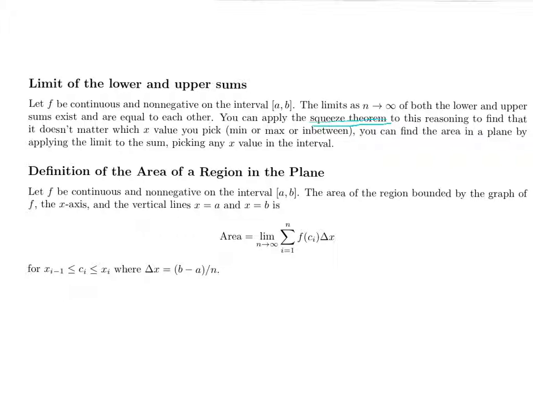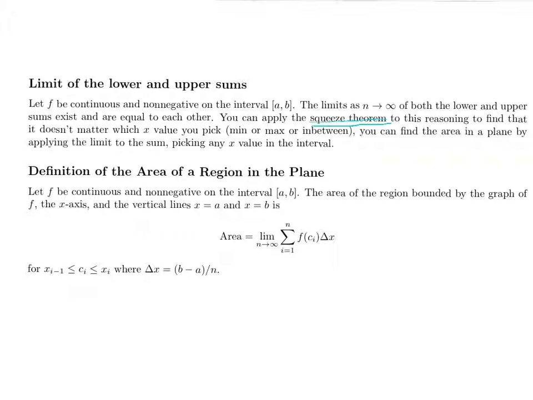You might remember him. We find that it doesn't matter whether you pick left endpoints, right endpoints, midpoints, or just a random point in each interval. As you take n towards infinity, you will end up with the actual area of this plane, if you set up your sum correctly, and that's pretty cool.